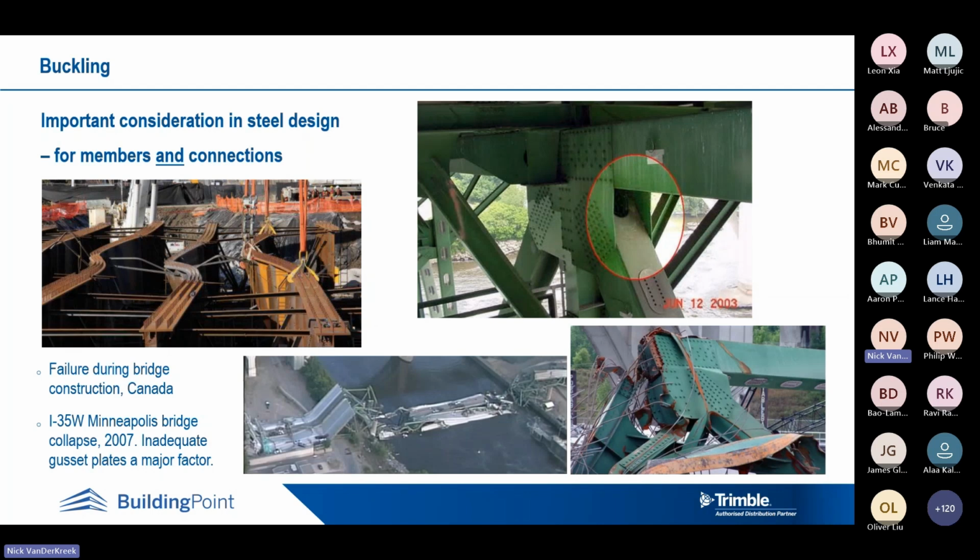Other articles I read indicated it might have been failures in shear and ultimate failures of the plate, in other words, a stress or a fracture type of issue. So there was potentially a buckling issue here as a major contributor to this significant bridge failure with multiple deaths and injuries in the United States in 2007.